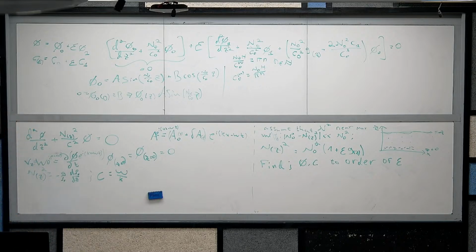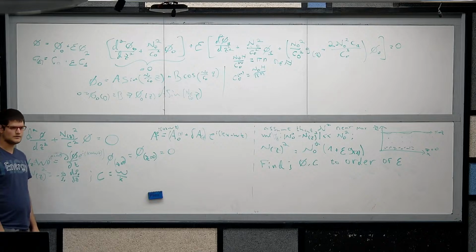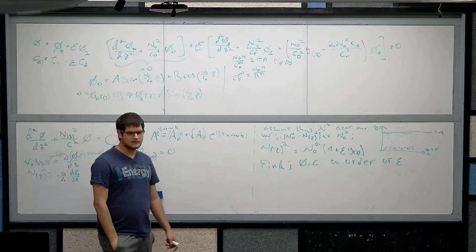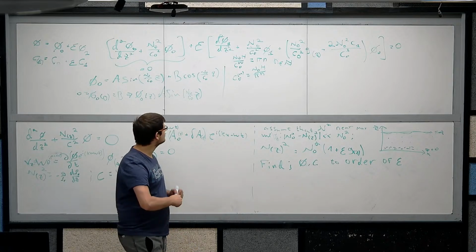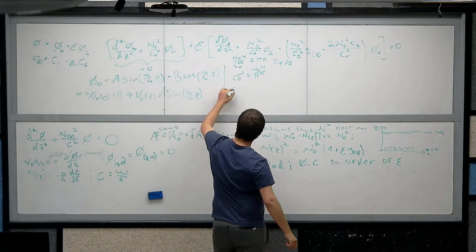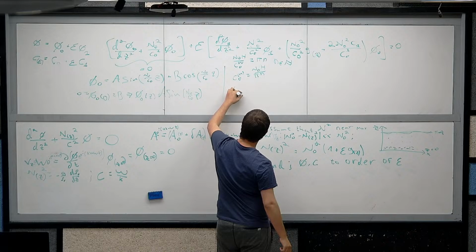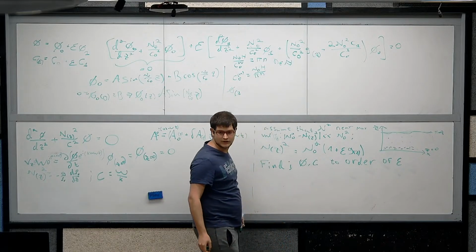How many did we find? 1. No, not 1. Infinite number of solutions. What do you need for that? You need the constraint of what phi is at time 0, right?